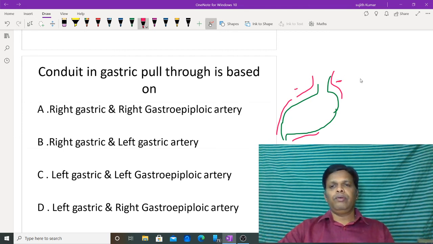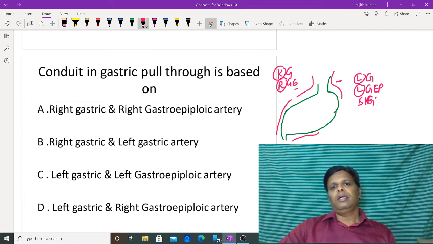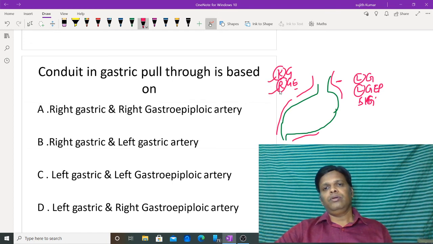What you have to do is divide the left gastric, divide the left gastroepiploic artery, and divide the short gastric arteries. So three arteries you have to divide, and the remaining ones you keep: the right gastric and right gastroepiploic artery. So the blood supply is based on the right gastric and right gastroepiploic artery.